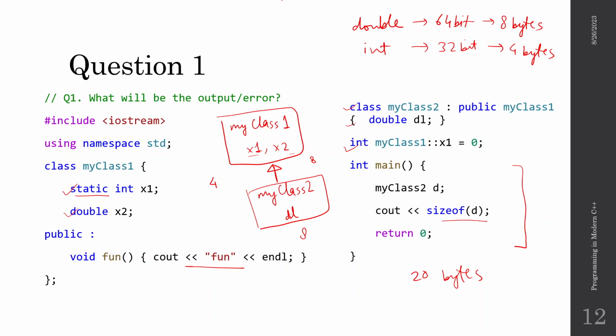Okay, so if you have let us say three objects, all of them share the same copy of x1. So that is why when you write size of d, it does not really count the static members. So if I ignore the static member, then the total space occupied is 8 plus 8, 16 bytes.